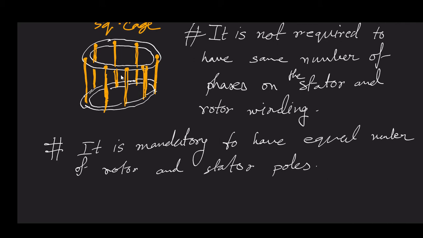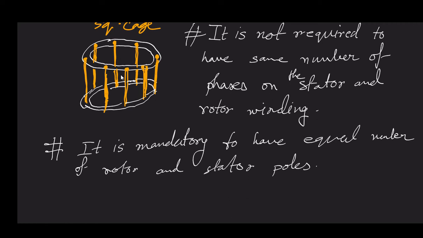Now if these two poles are not matching, then there will be torque pulsation, and that is not acceptable. So we can have a different number of phases in rotor and stator, but they must have an equal number of poles.